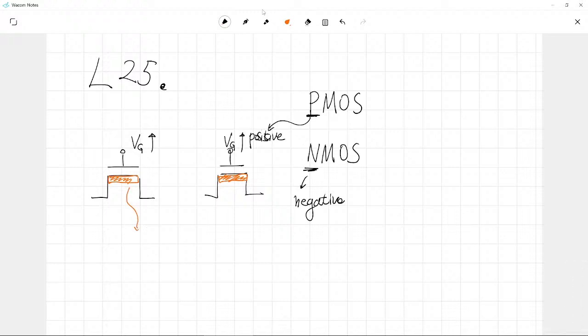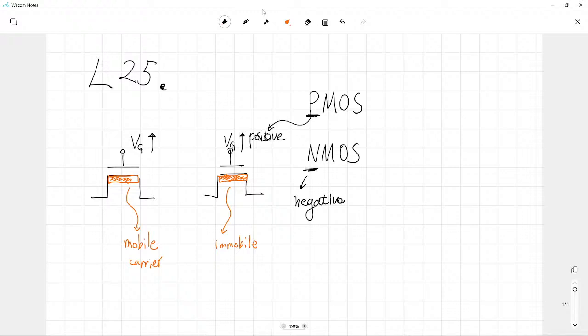However, you know that this and that have different components. In the case of an NMOS, here we can have many mobile carriers, meaning freely moving electrons. However, in the case of a PMOS, there are just immobile ionized impurities.